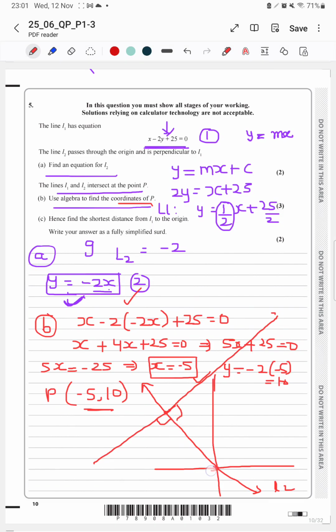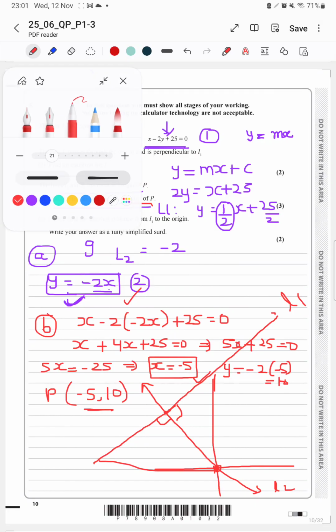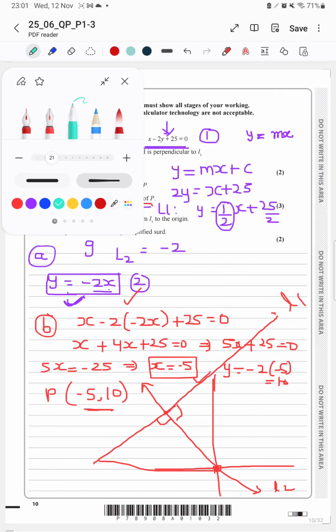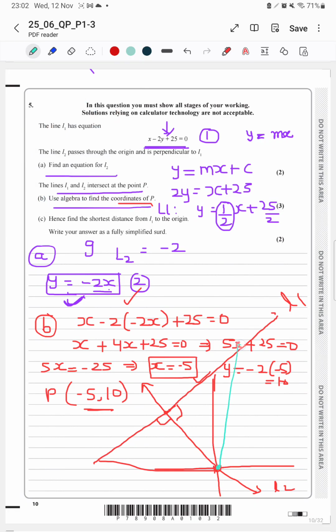And if you have to find the shortest distance of this line L1 from this point, there are multiple cases. You can find the distance from this point here also, here also, here also, and so on. But they are asking for the shortest distance, and the shortest distance is this one.